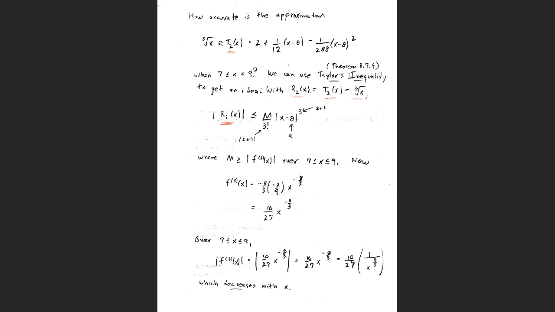That, according to Taylor's inequality, is less than or equal to M over 3 factorial, because that's where you have the n plus 1 factorial in Taylor's inequality, and n is equal to 2.